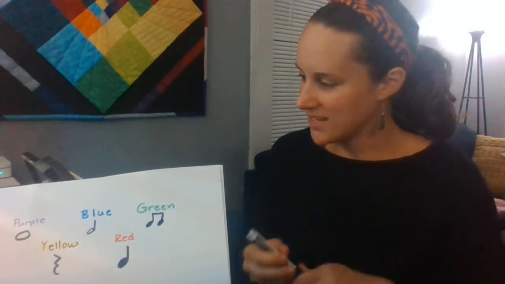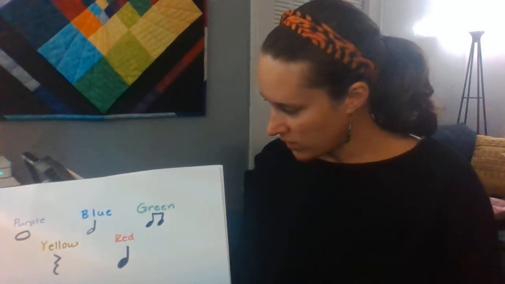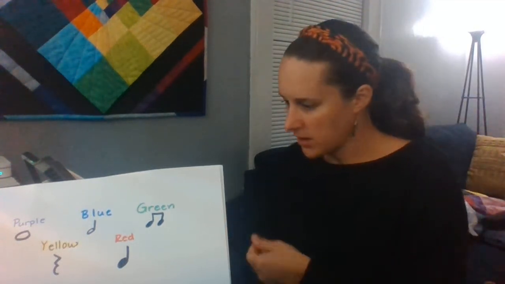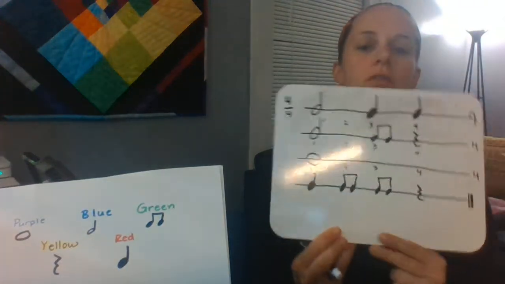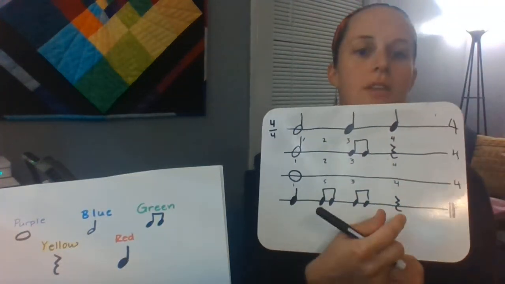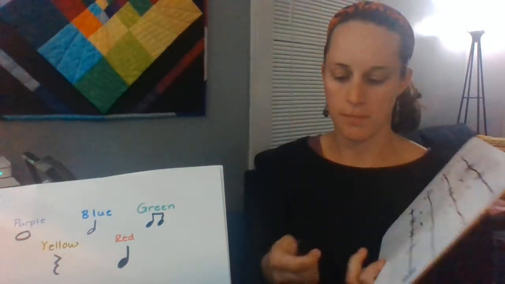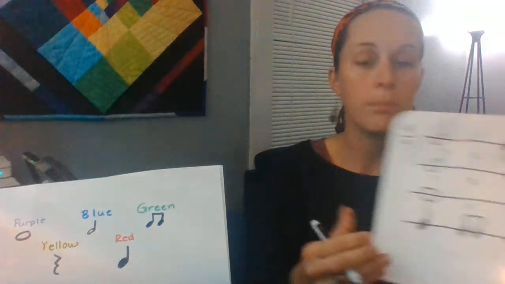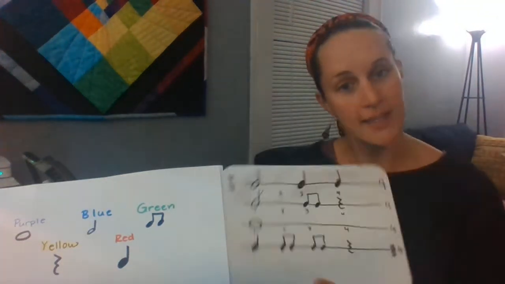Yellow. What an interesting way to end. We've got a rest at the end. Okay, and then we have 1 plus 1 plus 1 plus 1 equals 4. So we have 4 beats in every measure, and it lines up.